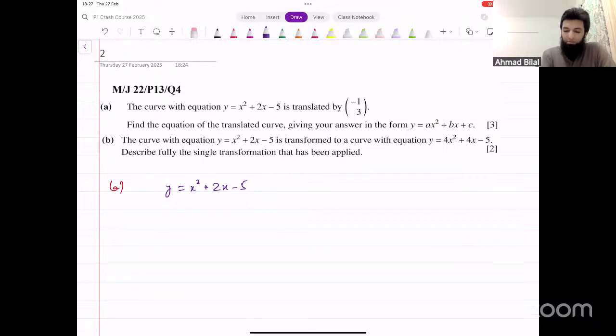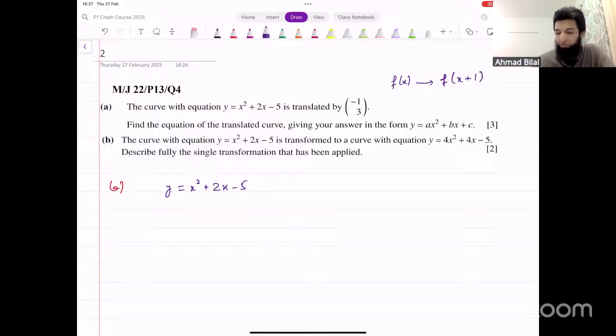Okay, now, how is this going to look in the function form, in fact? If the original function was f of x, -1 horizontally, what does that mean? That means f of x plus 1.